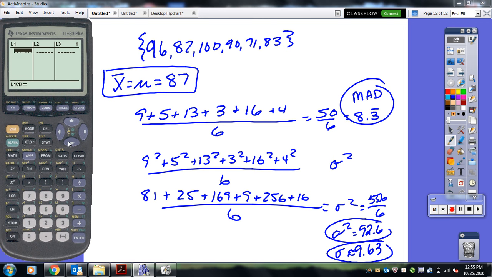And then from there, you can type in 96, 82, 100, 90, 71, 83. Looks like I missed 71, so it's 71. So I have my 6 numbers, stat, calc, 1 variable stats, and this time you can see I get my average is 87, and 9.626 was my standard deviation.